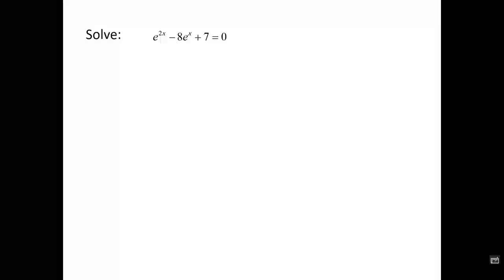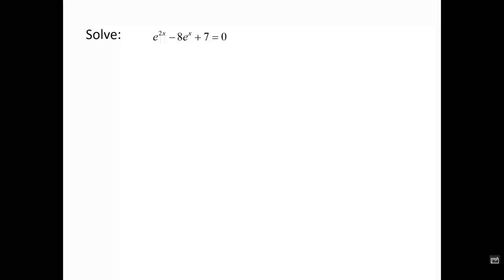The next exponential equation that we wish to solve is e raised to the 2x minus 8 times e to the x plus 7 is equal to 0. If we look at this exponential equation, we see that it is quadratic in form.